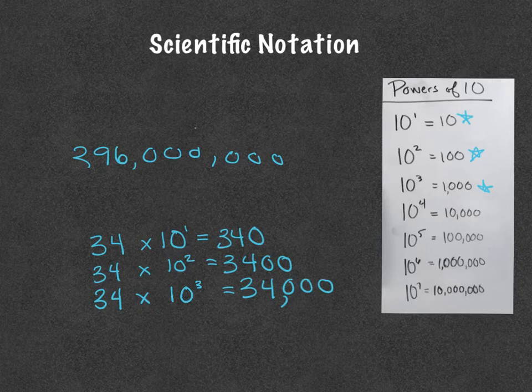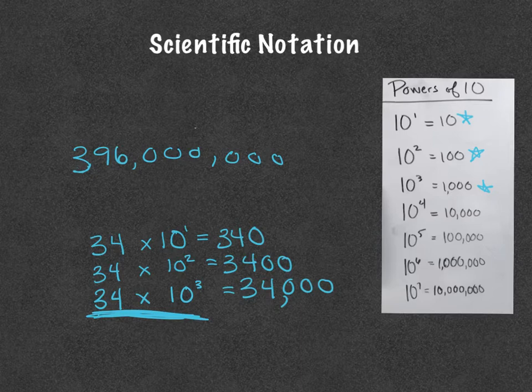So what scientists will do is they will often have a number, and we've got scientific notation starting here. Anytime we're multiplying times these powers of 10, we're actually not to scientific notation yet. So if we come back up to our 396 million, what scientists like is to have one digit in the front.